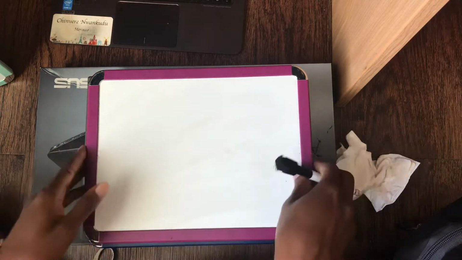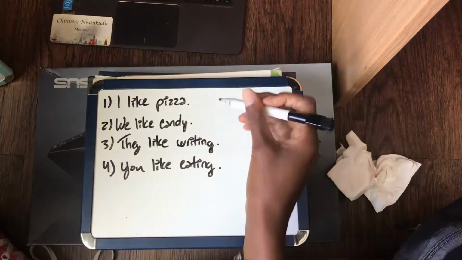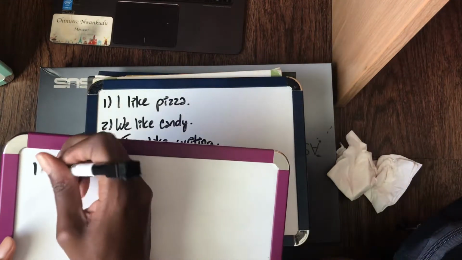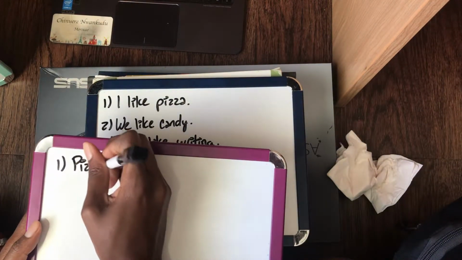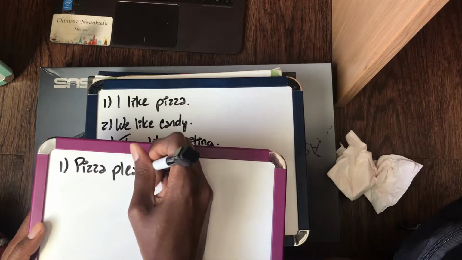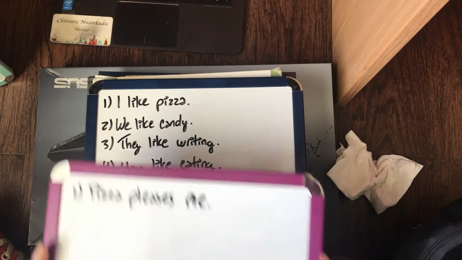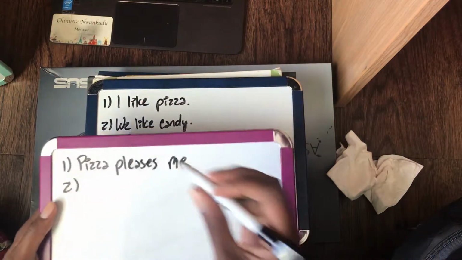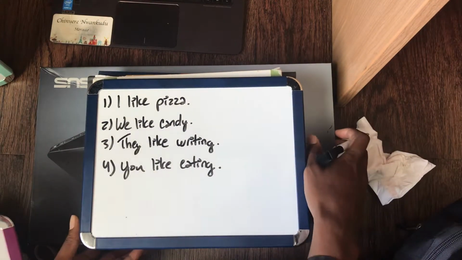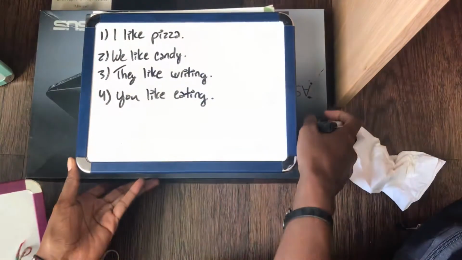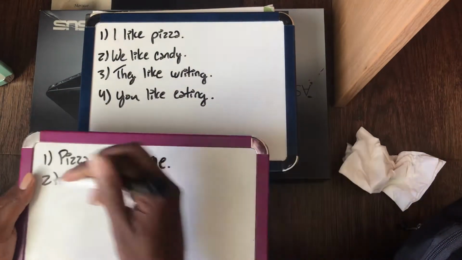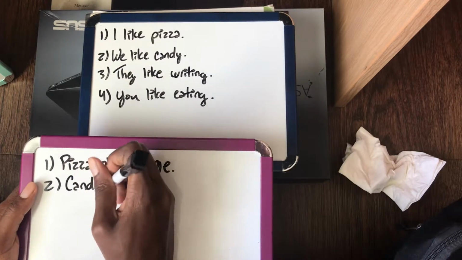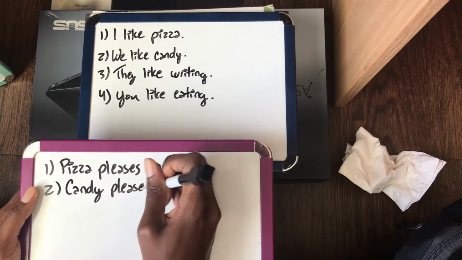Okay, let's translate these sentences to the Spanish version, shall we say. So, I like pizza becomes pizza pleases me. We like candy becomes candy pleases us.